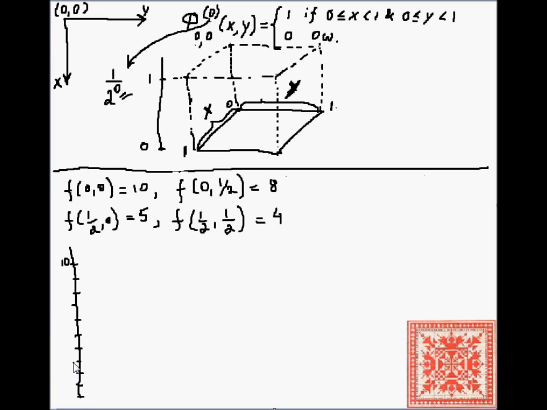So this is our scale. I did the 3rd dimension. So this is 4, and this is 5, and 6, 7, 8. Okay, let's draw a 2D square.